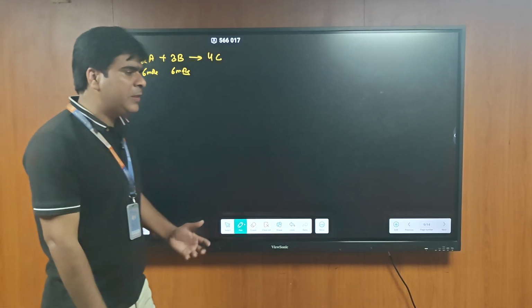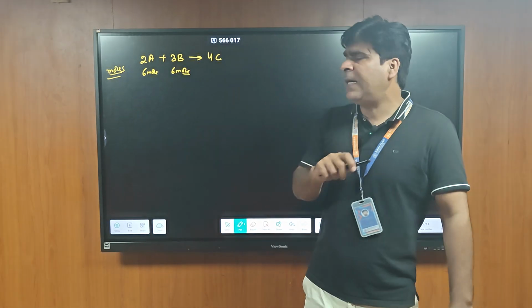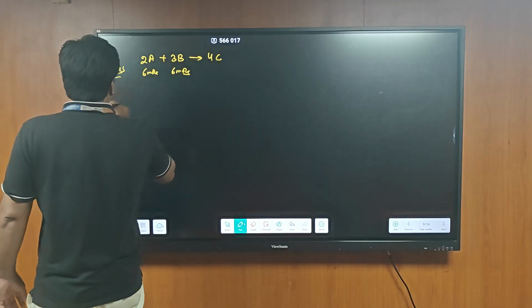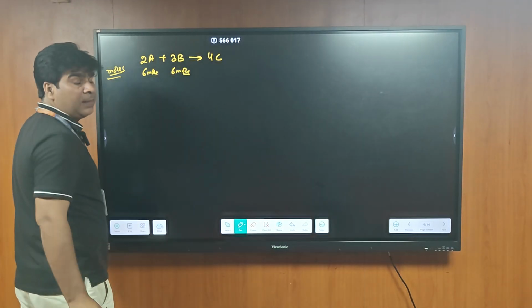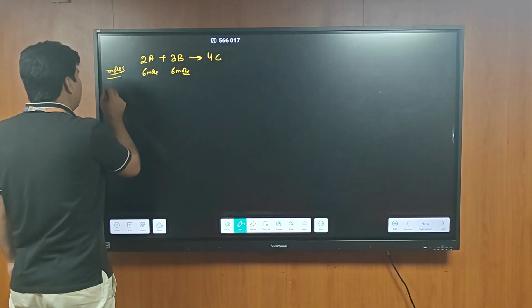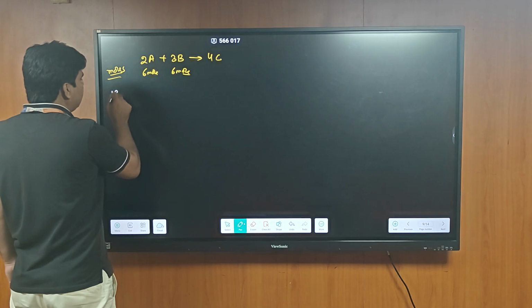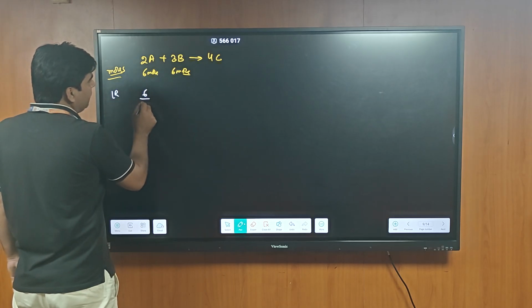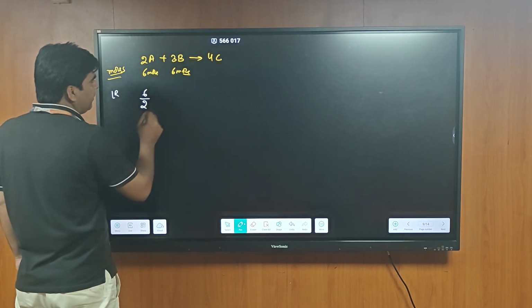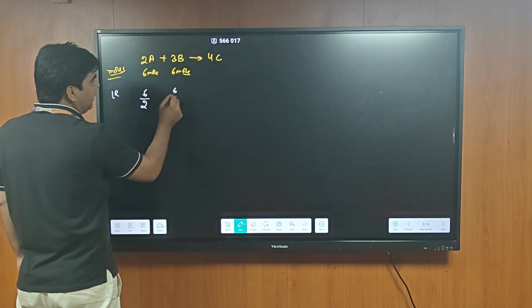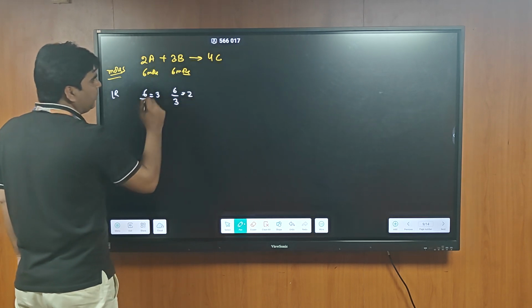First of all, how to determine LR? For determining LR, we'll have to divide the moles by the stoichiometric coefficient. Its stoichiometric coefficient is 2, so 6 is divided by 2, and the other coefficient is 3, so 6 is divided by 3. We'll get 3 here and 2 here.